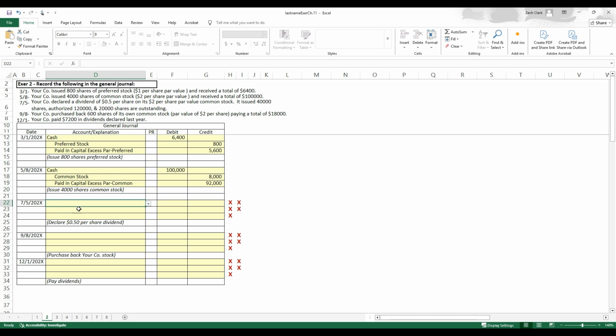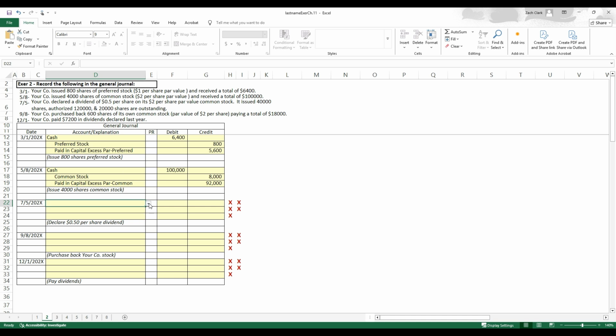Okay, then on July 5th, we declared a dividend of 50 cents per share on the common stock. It's issued 40,000 shares, authorized 120,000, and 20,000 shares are outstanding.